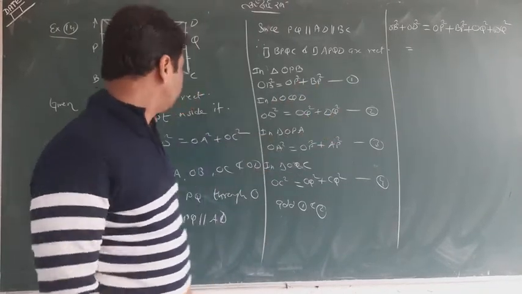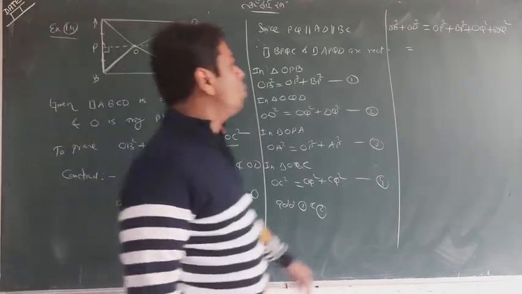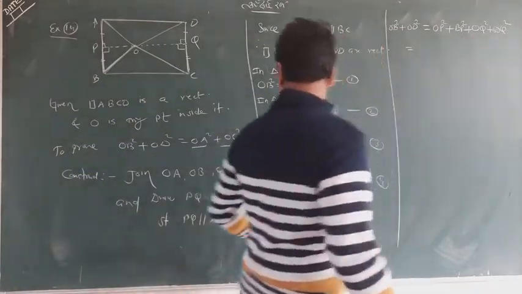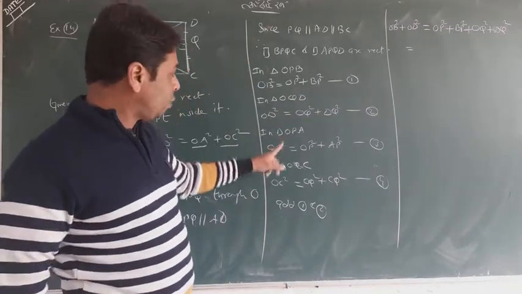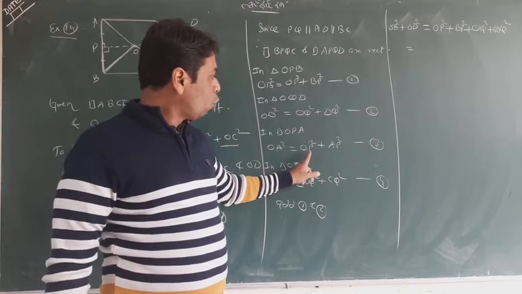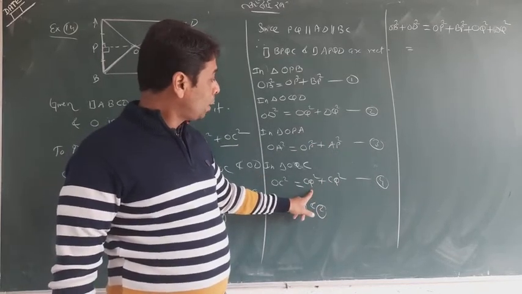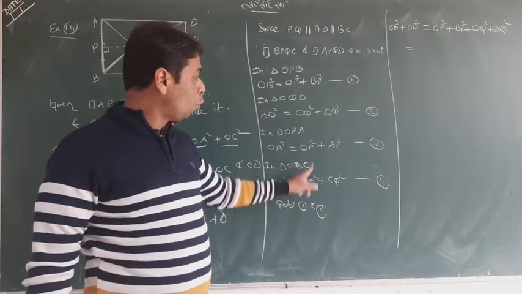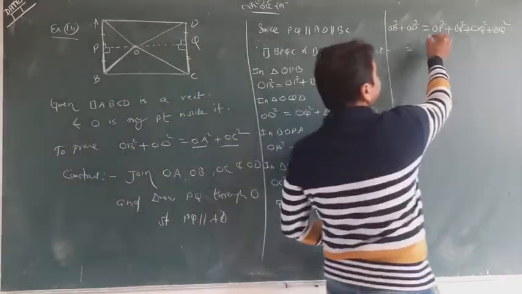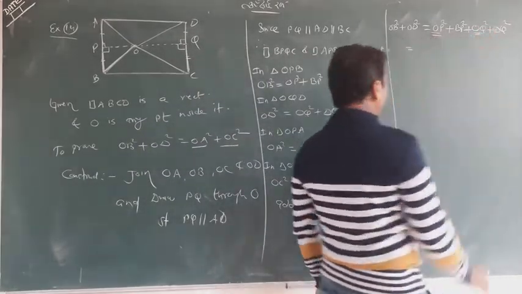Now I'll manage. I need OA square and OC square on the right hand side, which mean OP square plus AP square and OQ square plus CQ square. I should get these by any means. OP square I have already, OQ is already there.